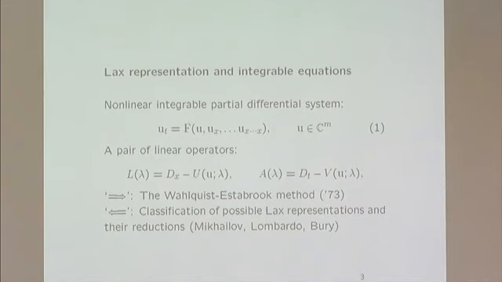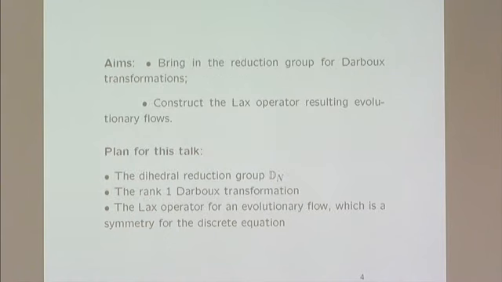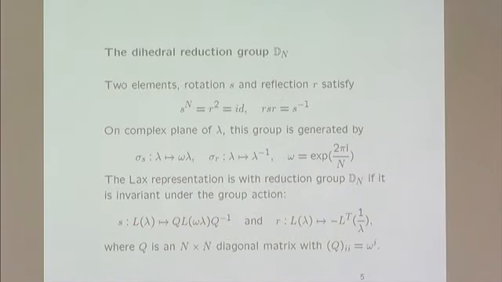There are 5 simple groups: Dn, which is the one I'm going to talk about, the dihedral reduction group Dn, and also T, the tetrahedral, O, the octahedral, and the icosahedral. And these 5 groups are finite groups.